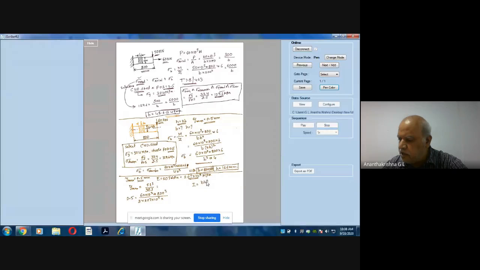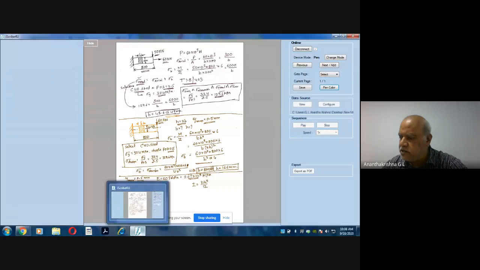That is given by BH cube by 12 for a rectangular cross section. Correct? H is equal to 2B given in the problem. So 2B to the power 3 divided by 12 is going to be 8B to the power 4 by 12. Are you there with me?